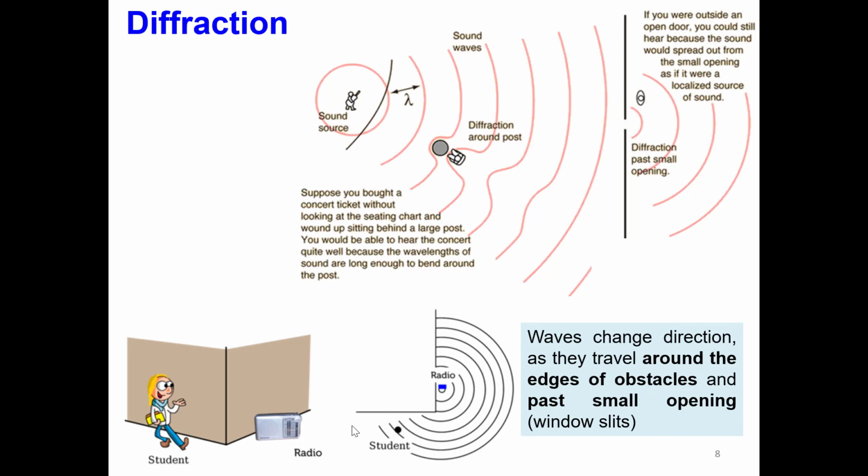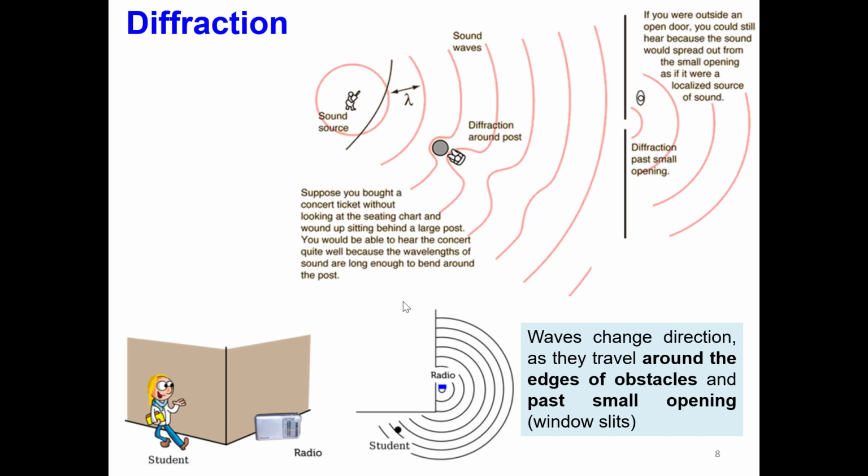And here we have one more example. If a student is in the corridor, she can hear the radio, the music, because the sound can travel around the edges of the corridor.